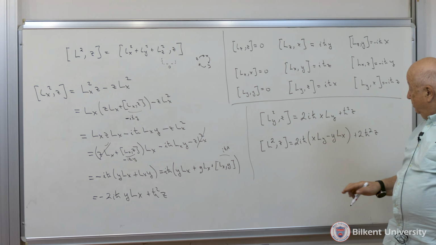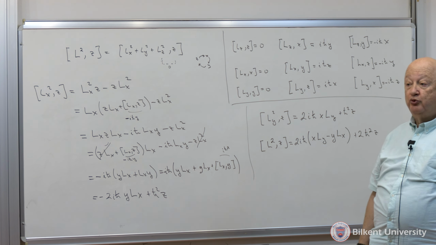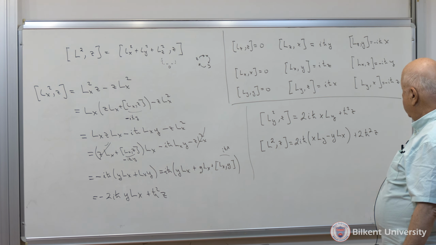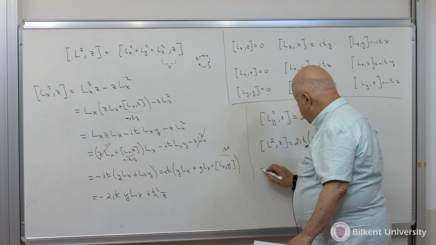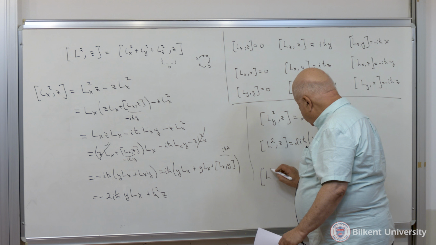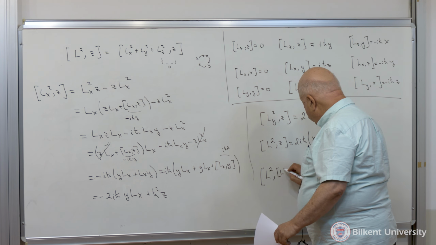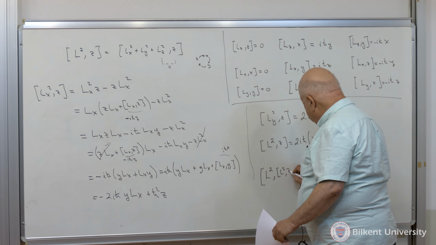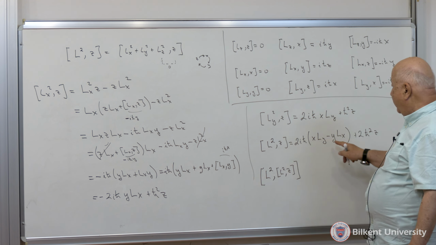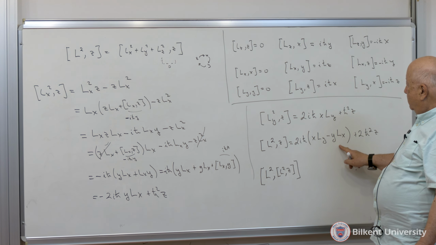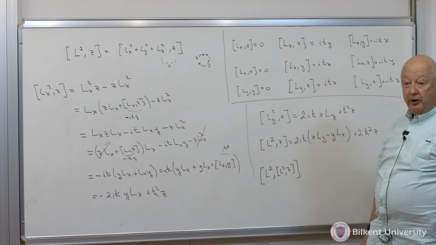All right, so you see I get something like this, but it's not very useful. So the useful form is, believe it or not, L squared commutator with L squared z.